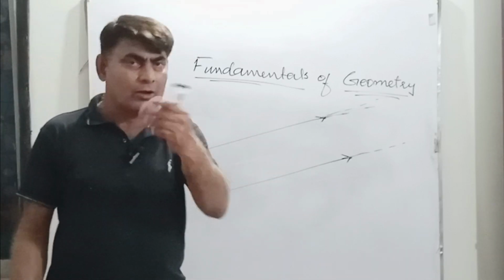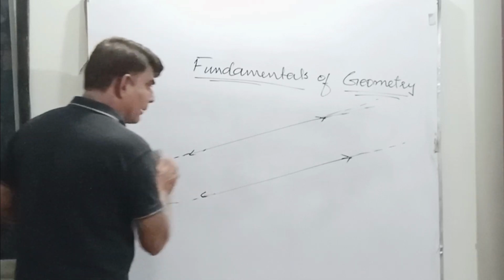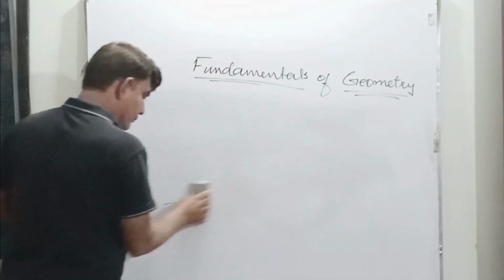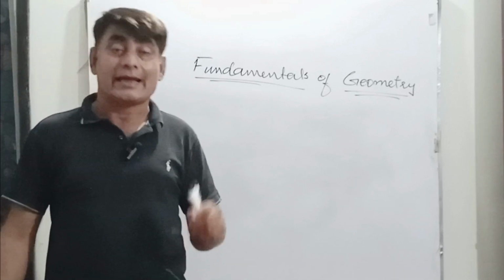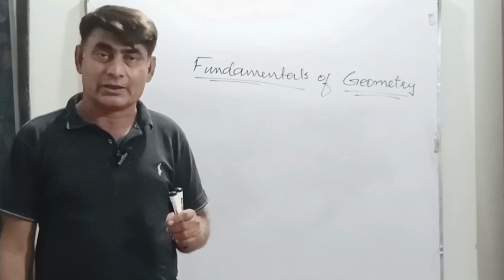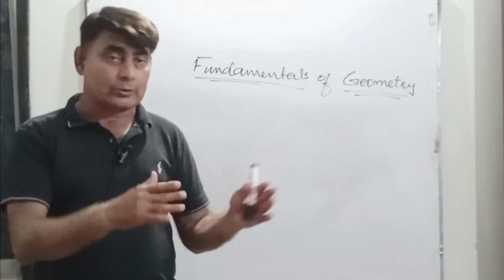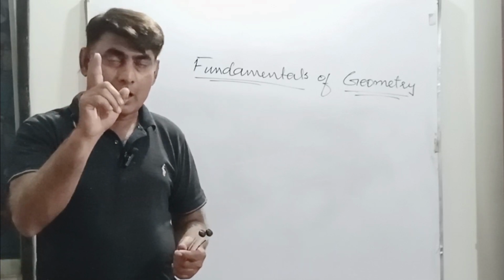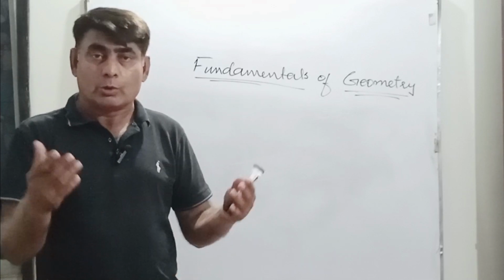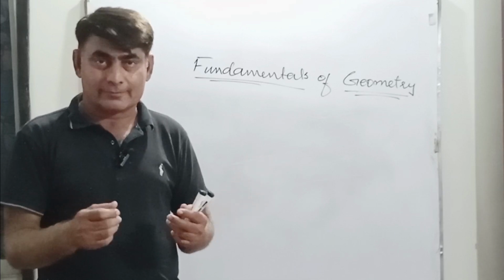But if lines are not parallel, then what happens? If lines are not parallel, they must intersect each other. And we are talking about straight lines, so they cut at just a single point, not more than one point, right?